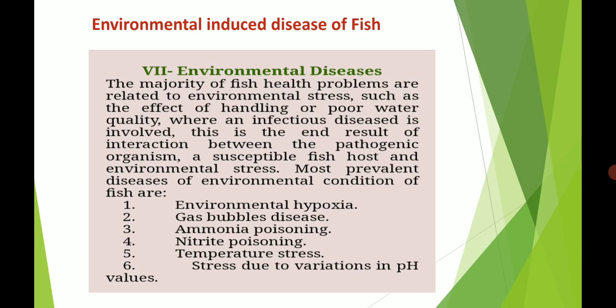First is environmental hypoxia, which means oxygen deficiency. Second is gas bubble disease. Third is ammonia poisoning, then nitrate poisoning, then temperature stress and stress due to variations in pH values.